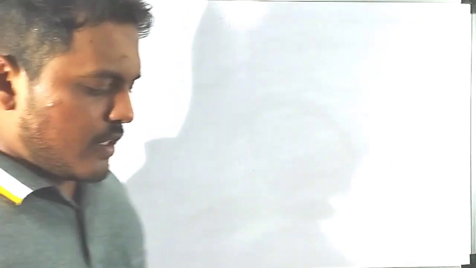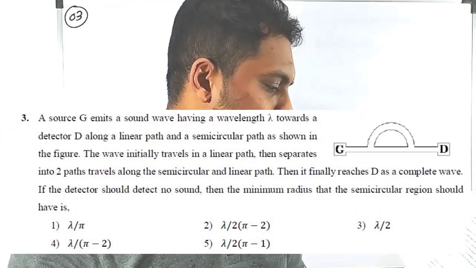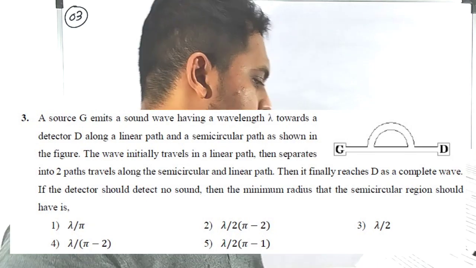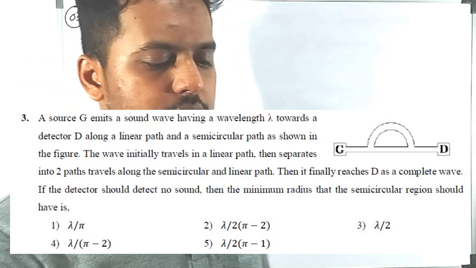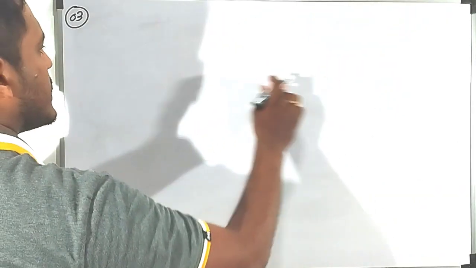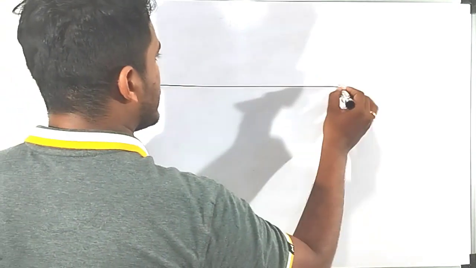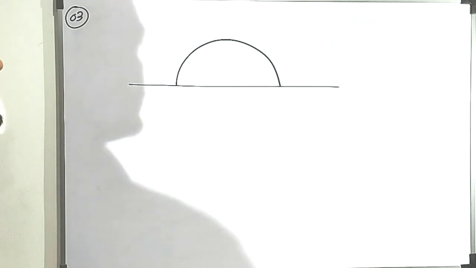Question number 3. Here G is a source and D is a detector. The sound waves emitted by the sound source G will move in 2 paths: one in a linear path and the second in a semicircular path.